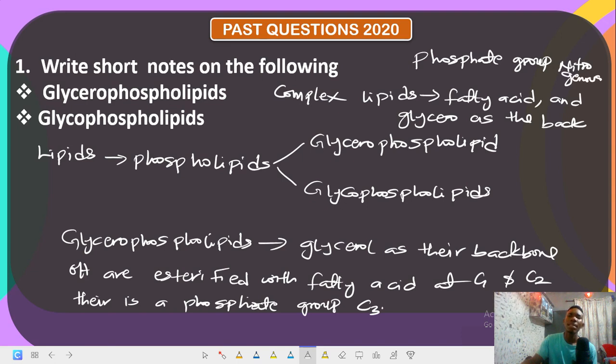Now we said the glycerophospholipids are classified into different types. Example of glycerophospholipid is phosphatidic acid. We have phosphatidylcholine.